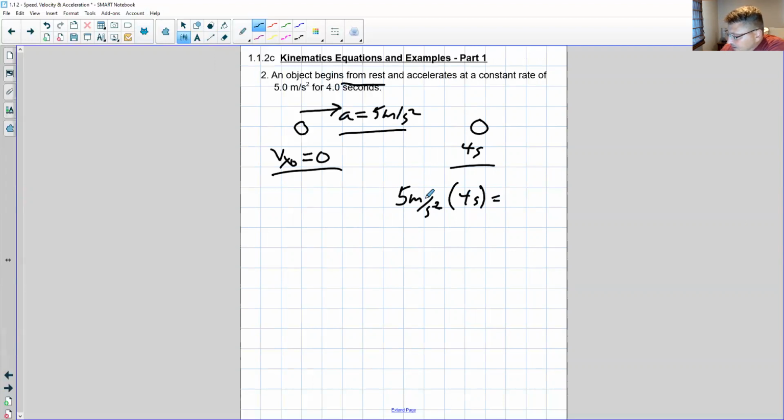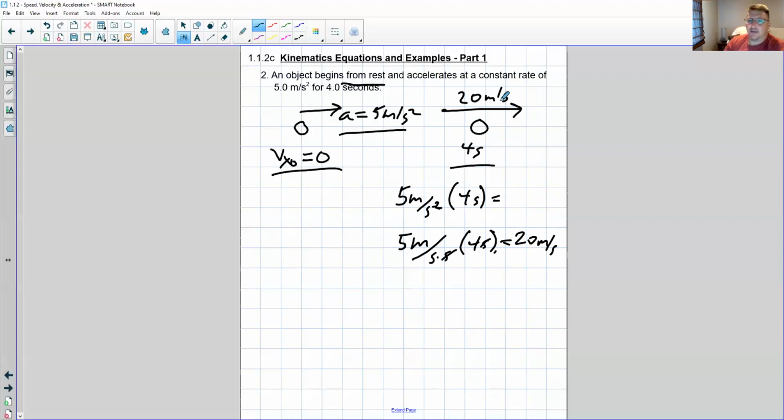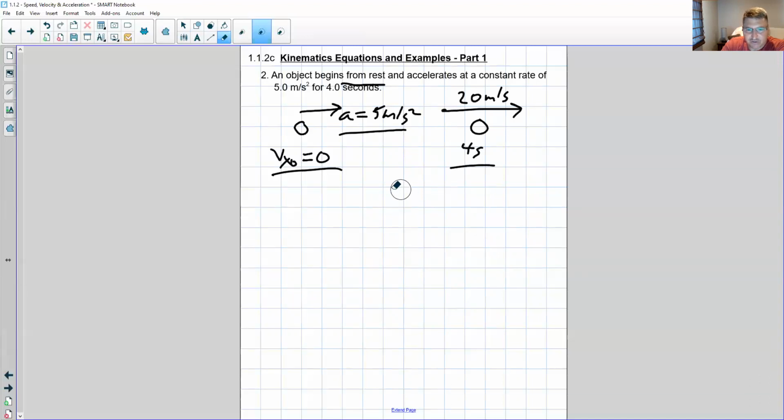Well, if we look at it as 5 meter per second times seconds times 4 seconds, what's going to happen here is we're going to cancel out a second, and we're going to get 20 meter per second. What is this 20 meter per second? That's the speed, right? That's the speed that this thing's going to have attained when it gets here. It's going to reach the speed of 20 meters per second. And again, this should be making tons of sense without any equations, without having to put things into calculations right away, right?